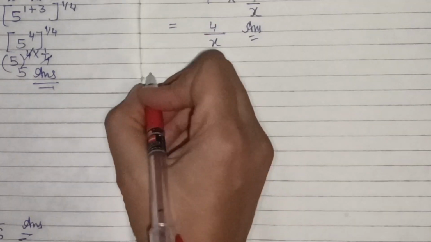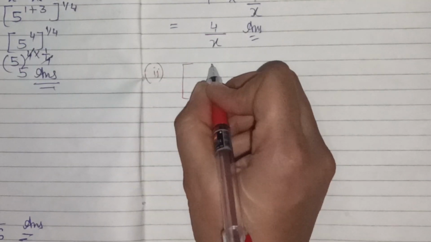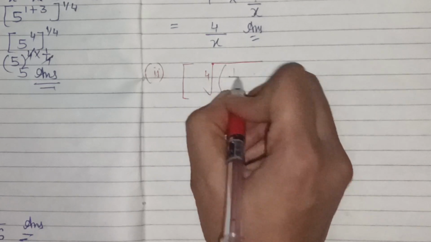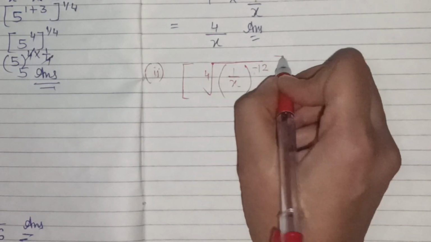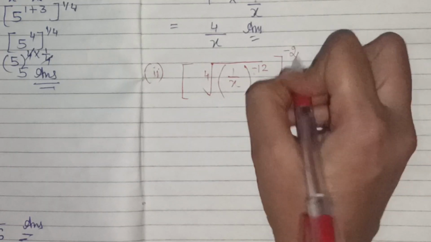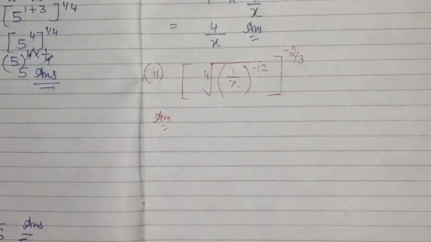So here our second part is bracket, under root, this is the fourth root, then 1 upon x raised to power minus 12, then bracket, and the whole exponent is minus 2 upon 3. Then I write here answer.